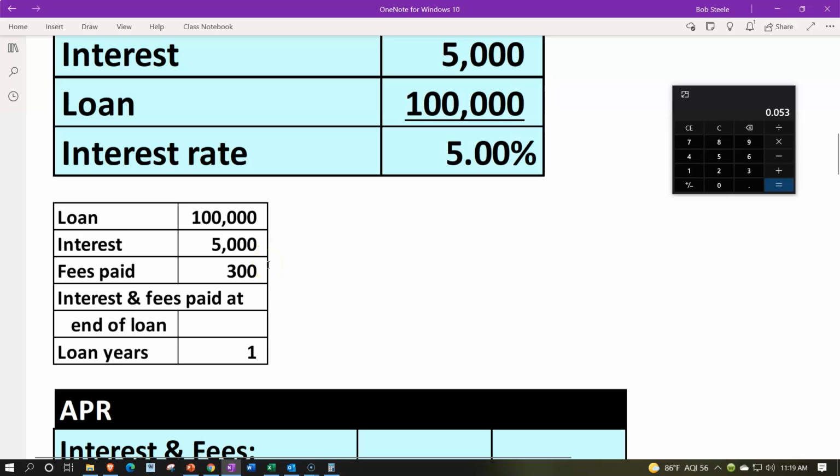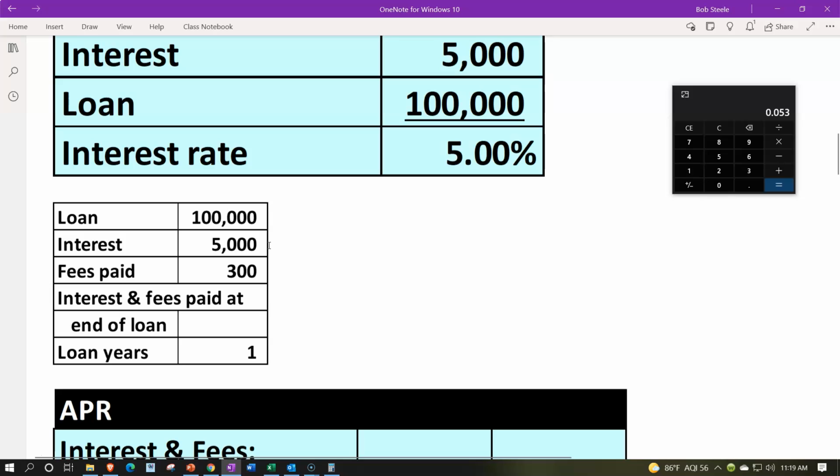Now, oftentimes they'll just say, hey, look, we're going to take the fees up front when we create the loan, tack it onto the loan, and then you pay the fees over the term of the loan, which in this case, it's only 1 year. So in that case, notice it's a little bit different in that we're not going to be paying the fees at the end generally. I mean, we kind of will, but they tacked it on to the loan, right?